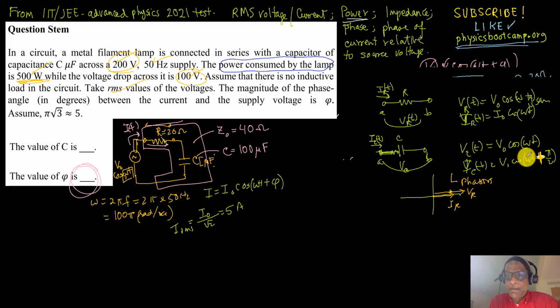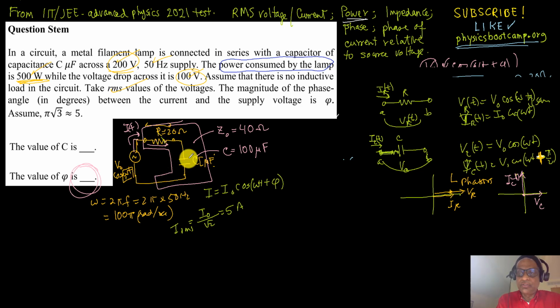But if you were to draw the voltage and phase relationship for the capacitor, so if this is the voltage across the capacitor, then the current actually leads. Current is in that direction.